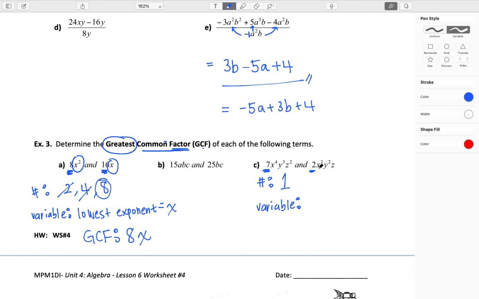So for x, they both have x, but the lowest is x^3. They both have y, so the lowest must be y^2. And they both have z, and the lowest exponent is z^1. So my greatest common factor here is 1, invisible 1, x^3, y squared, and z.